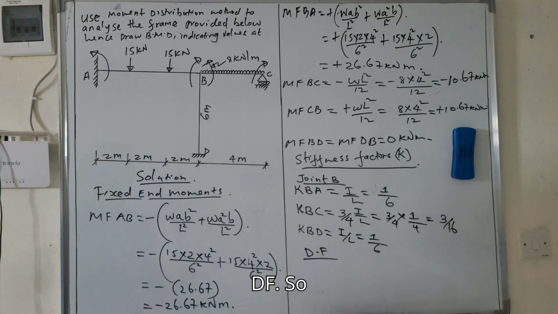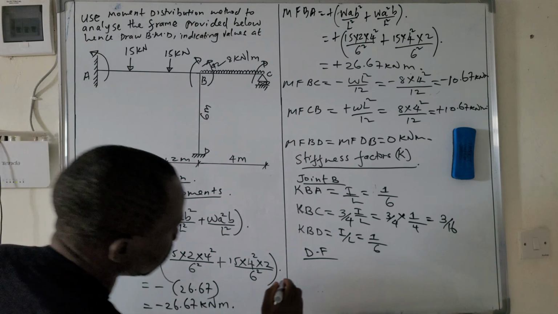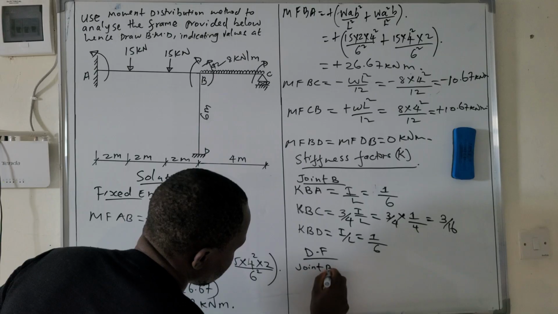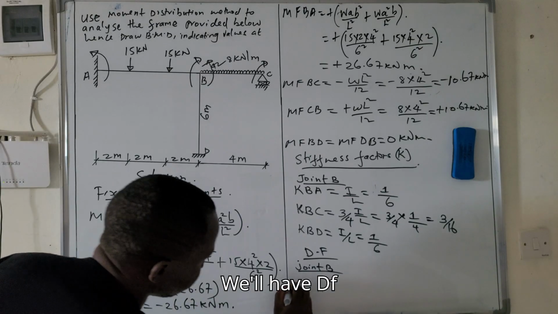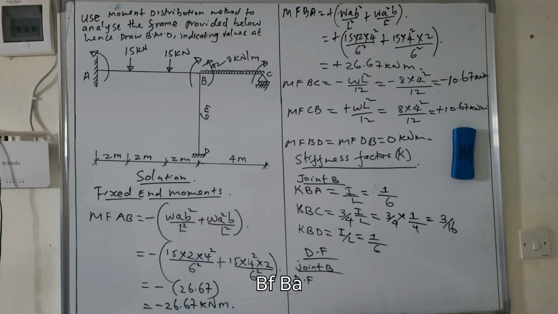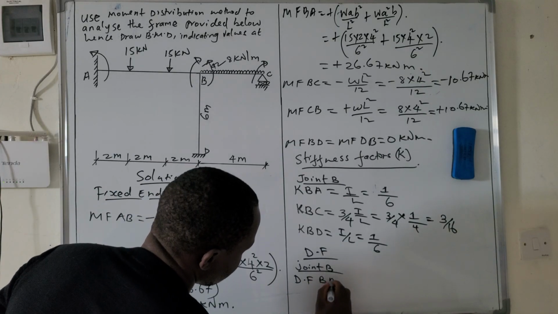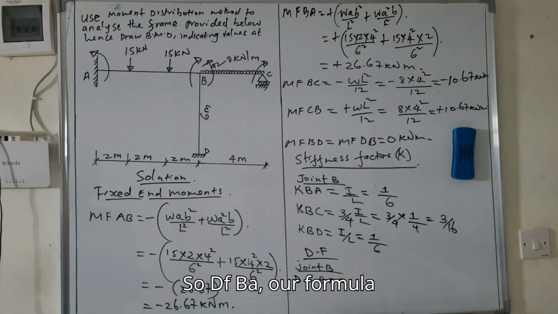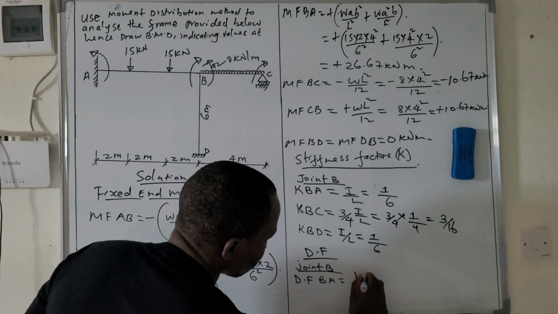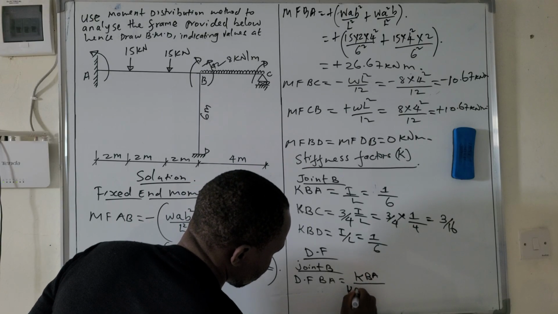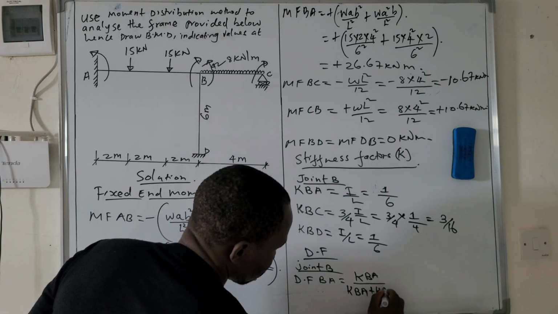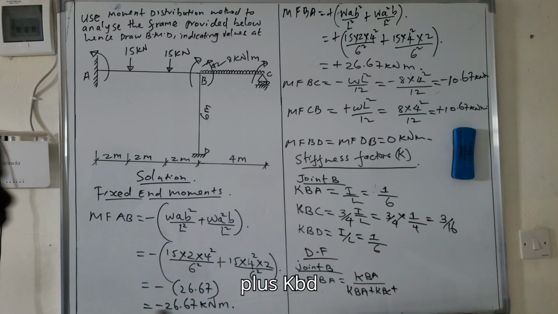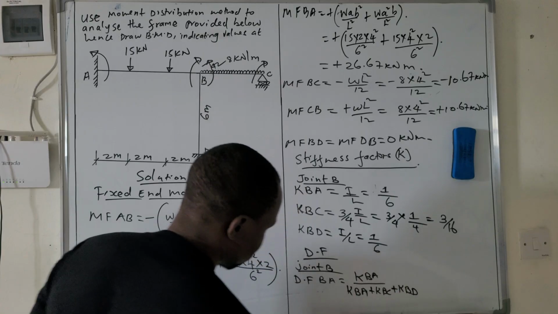DF. Again, we'll consider joint B. For joint B, we'll have DFBA. So for DFBA, our formula will be KBA over KBA plus KBC plus KBD.